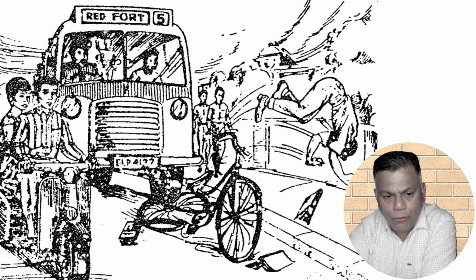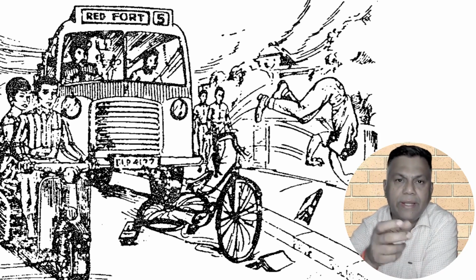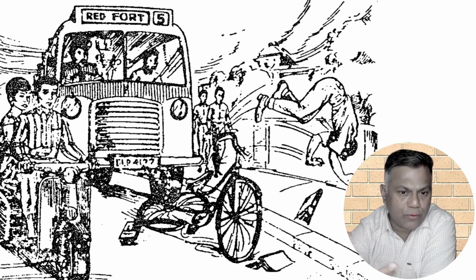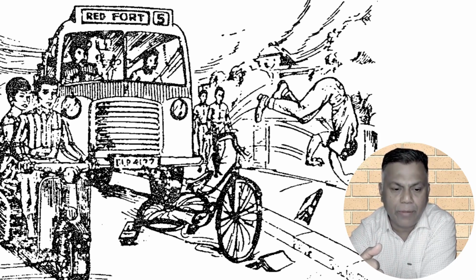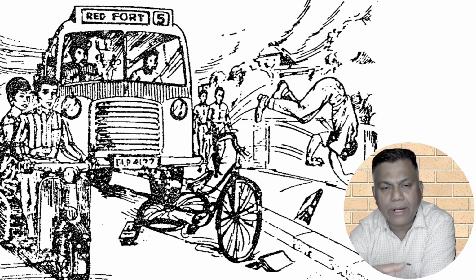On top, Red Fort is written, bus number 5, DL and Red Fort. It indicates the most likely place will be Delhi, because Red Fort is in Delhi and DL would probably be the Delhi number. And if you look to the right of the bus, you can see there are two boys coming.